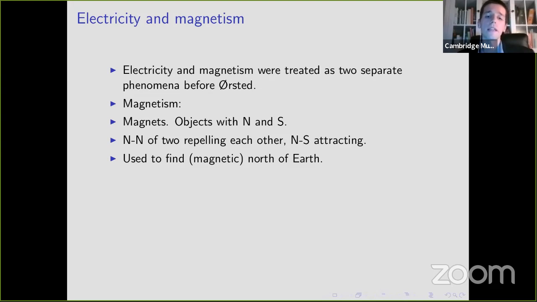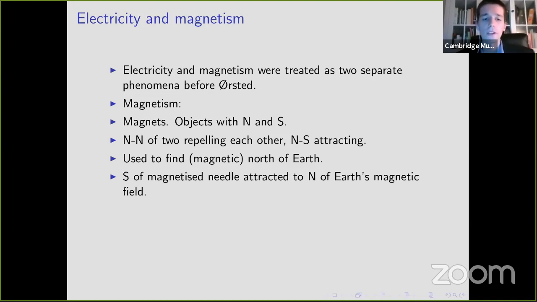And it was used to find the magnetic north of Earth, because the Earth sets up a magnetic field, a very large magnet. So the south of the magnetized needle would be attracted to north of Earth's magnetic field.